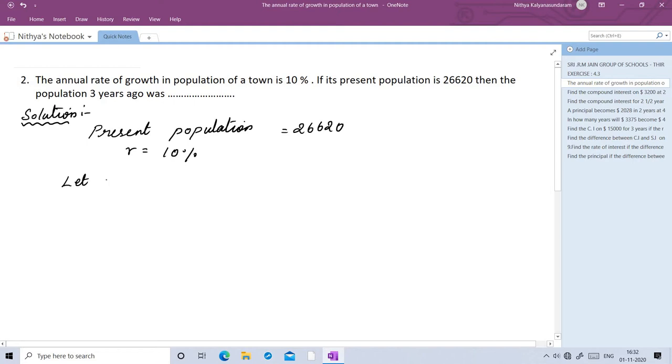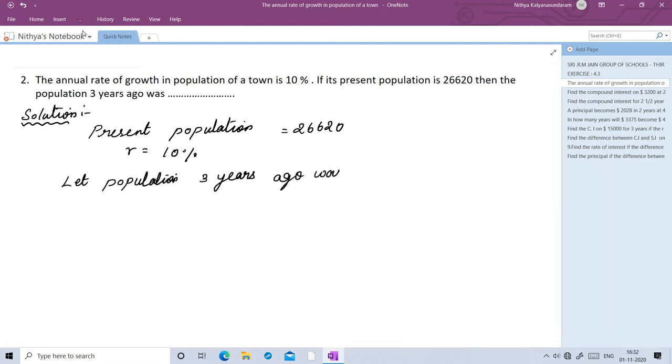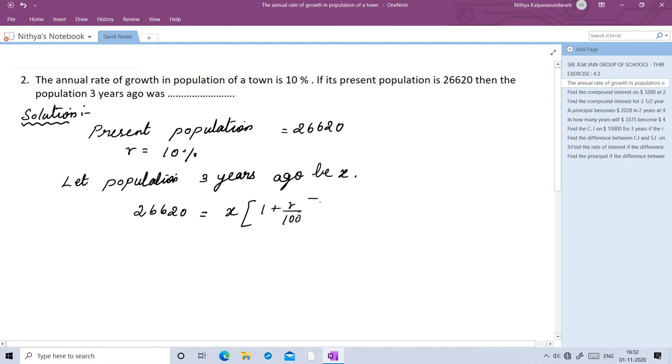So let the population 3 years ago be X. Present population is 26,620, equal to x, the population 3 years ago, into 1 plus r by 100, n is 3 years. 26,620 is equal to x into 1 plus 10 by 100 whole cube.